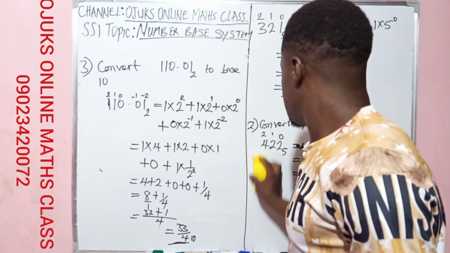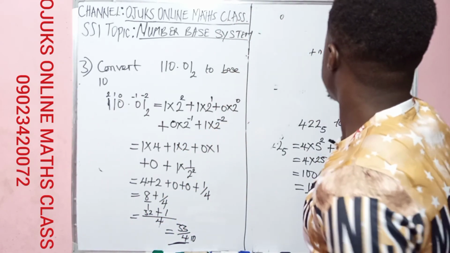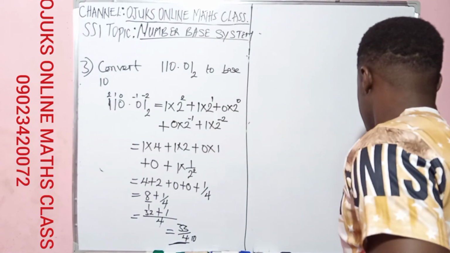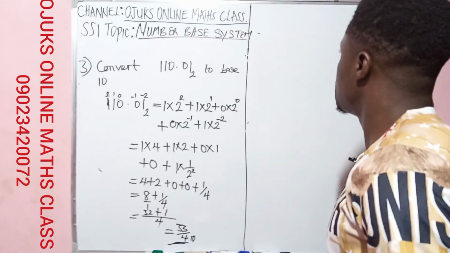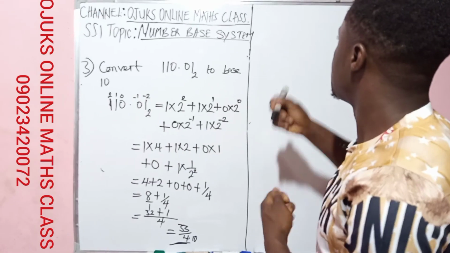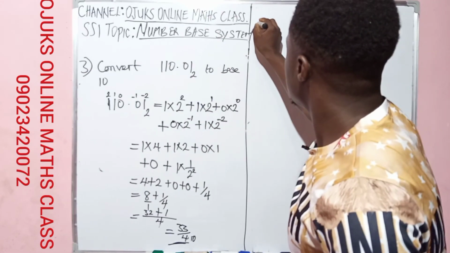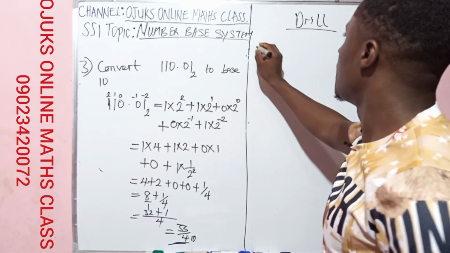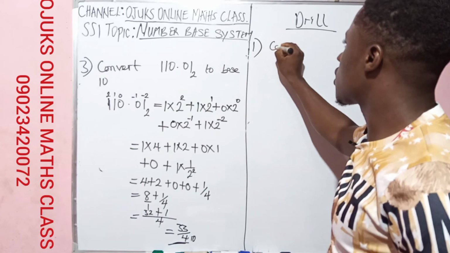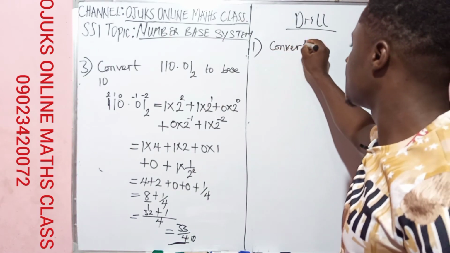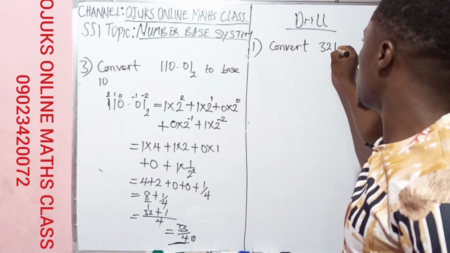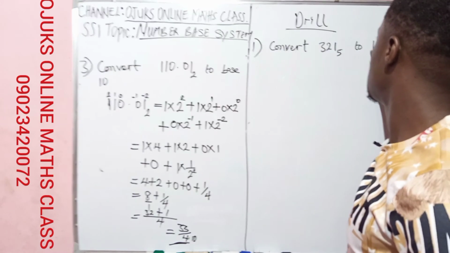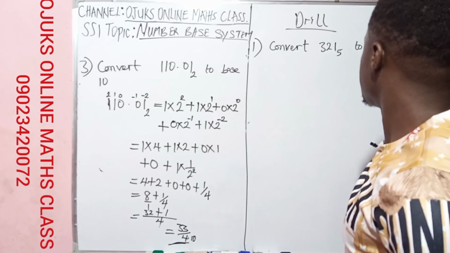Okay, let us try this, or you can try this. Remember to drop your answers or your solutions at the comment section. Number 1, convert 321, a number in base 5, to denary.